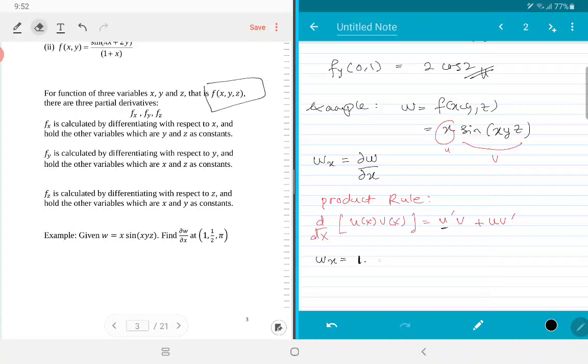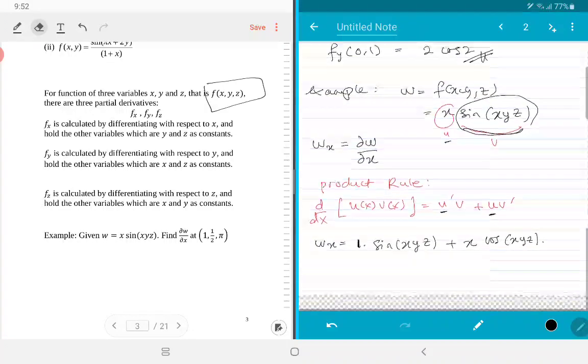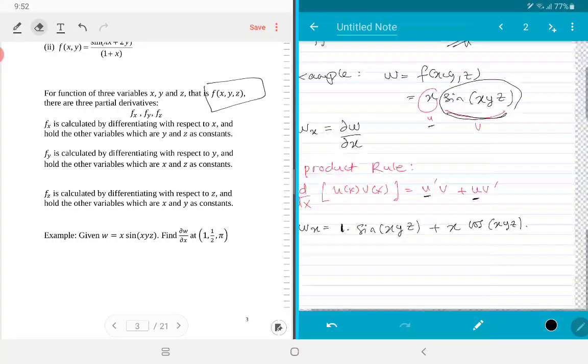And then we just copy the second function, which is sine xyz, plus, and now we copy the first function, x, and then differentiate the second function, sine xyz. Here we have a function within a function, so we have to use the chain rule. Differentiate sine, we get cos, but it's cos of everything, and then you multiply with the derivative of the inside function.